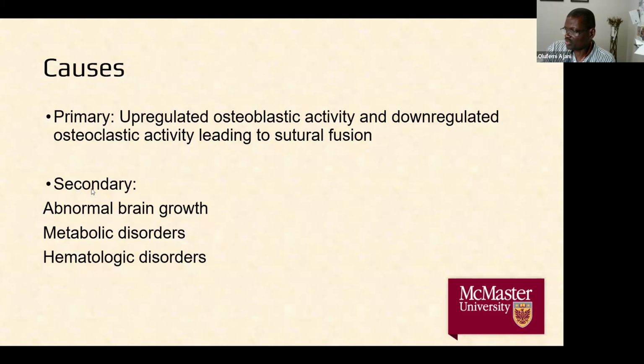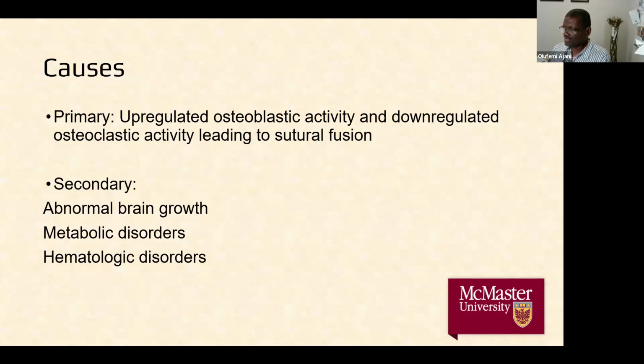Now, there is an entity known as secondary craniosynostosis, and this is an abnormal head shape. It is not craniosynostosis at all, in that we don't have premature closure of the sutures. It is just that the head shape is abnormal because of a metabolic disorder, a hematologic disorder, or abnormal brain growth.